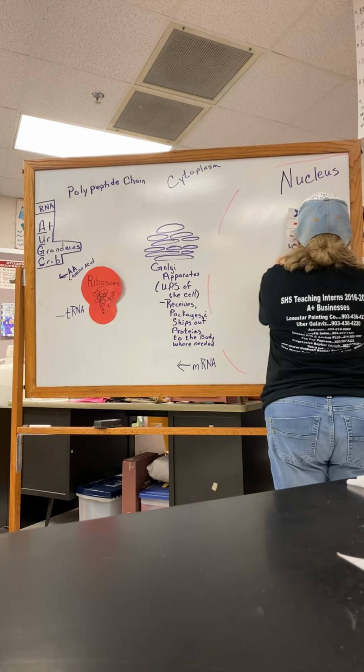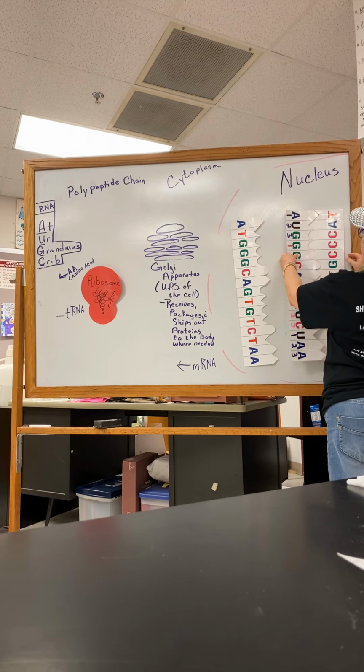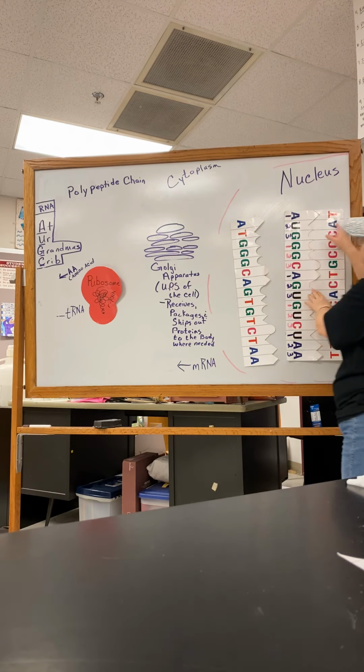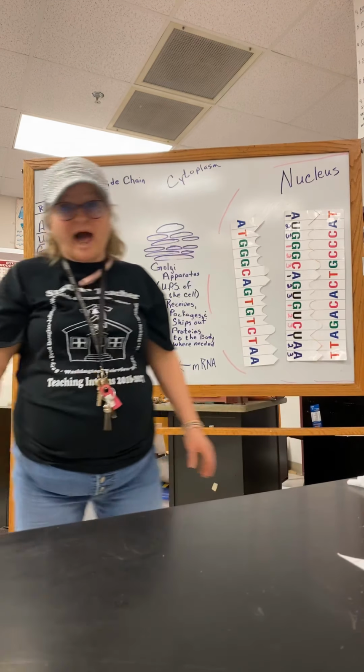The DNA splits, and using Chargaff's base pairing rules for DNA and RNA, messenger RNA comes in and takes a message from DNA. This process is called transcription. In the word transcription, do you hear the base word scribe? Scribe, recall, means to write.